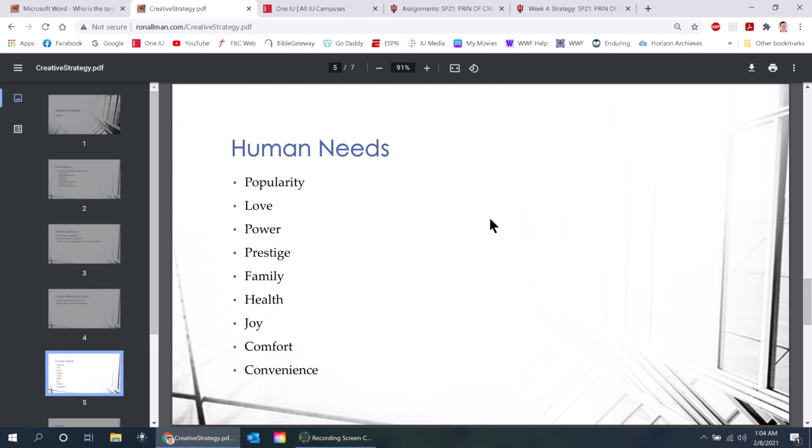Joy. Maybe your client can somehow bring joy to your target audience. Maybe not, say, Coca-Cola, but you can still sell that concept. I'm thinking more along the lines of, I don't know, some kind of charity.